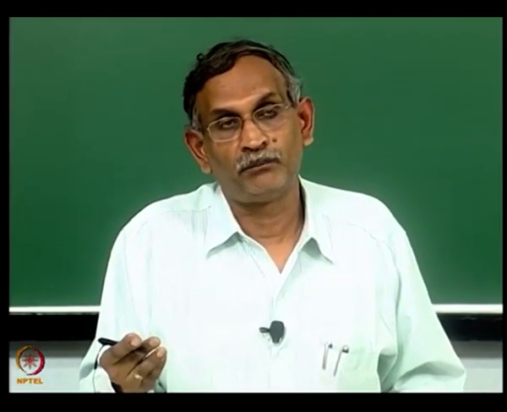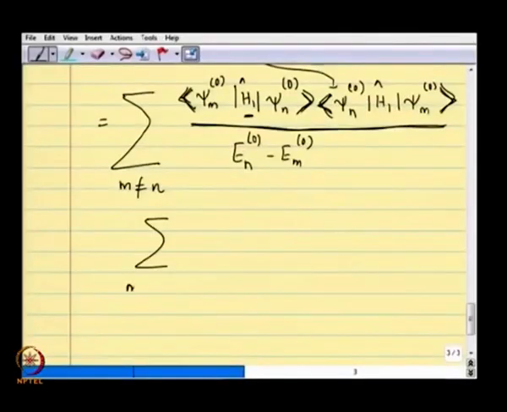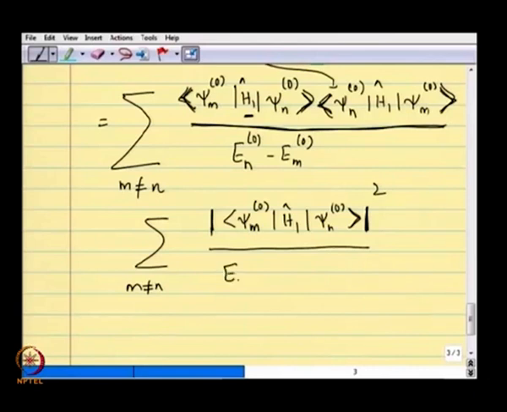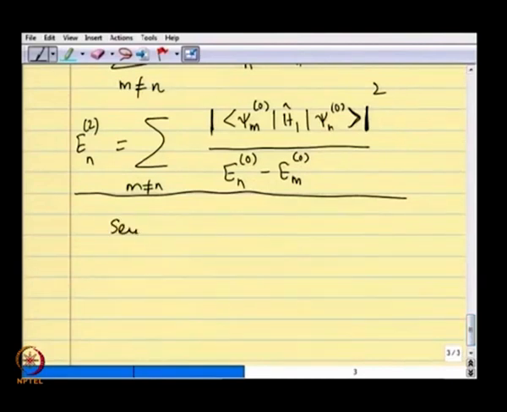A number multiplied by its complex conjugate is nothing but the absolute square. Therefore, we can write the sum over m not equal to n of the absolute value of the matrix element h1 between psi m0 and psi n0, squared, divided by E n0 minus E m0. This is equal to E n2, and this is a very standard second order perturbation theory correction for a non-degenerate state.